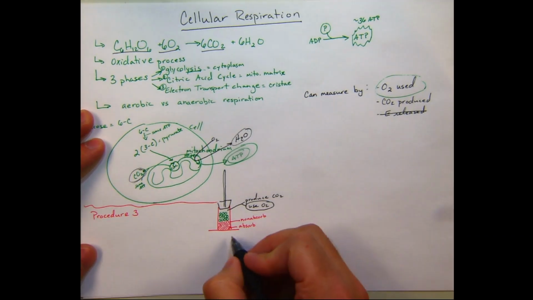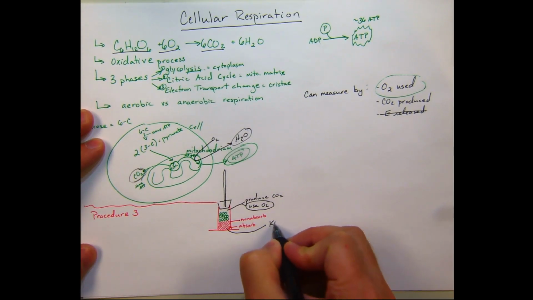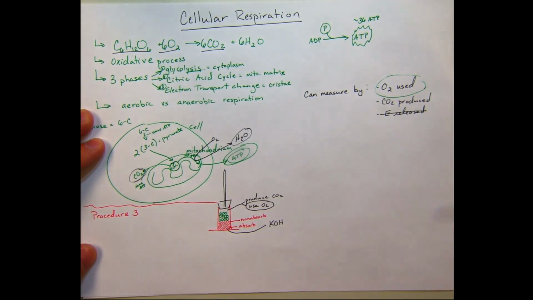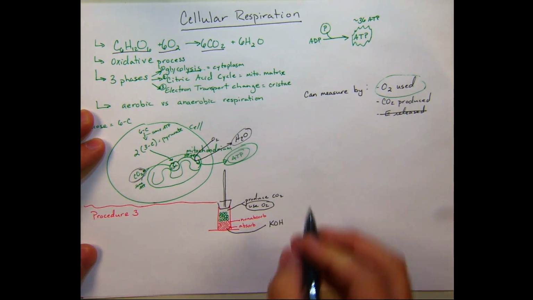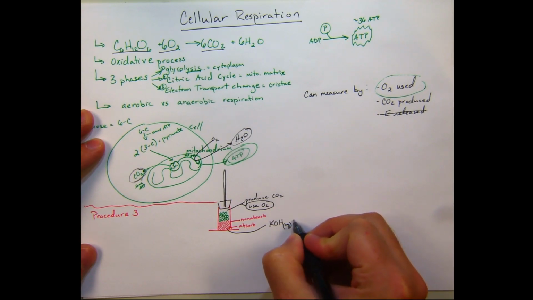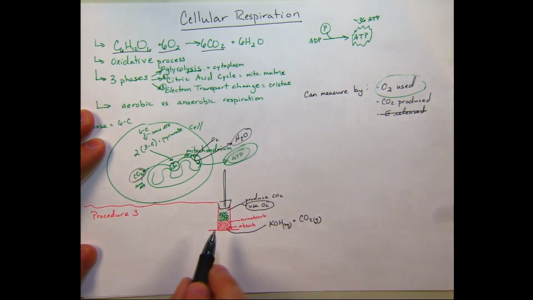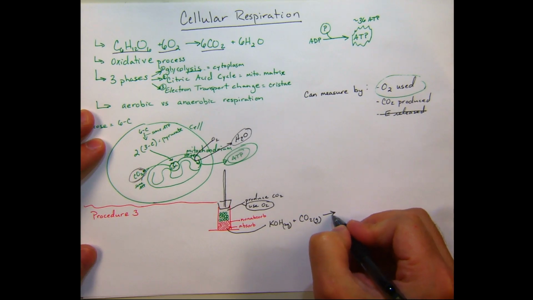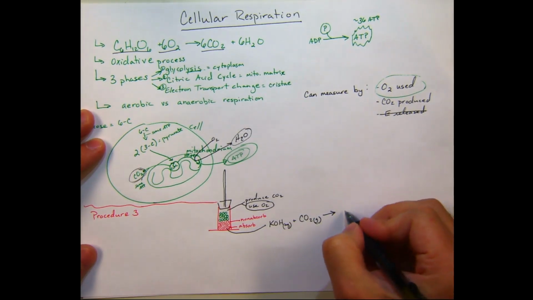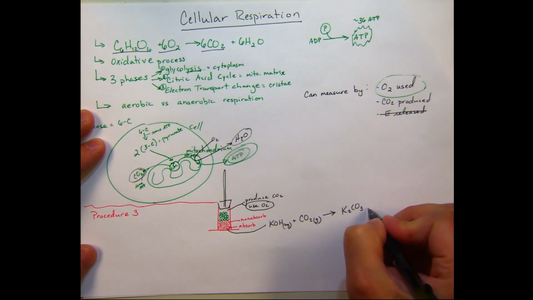So what we do to stop that is, in this absorbent cotton down here, we're going to put potassium hydroxide, which is a base. Potassium hydroxide, aqueous, is going to react with the carbon dioxide gas that is produced in this chamber. And it will produce potassium carbonate. It's aqueous.